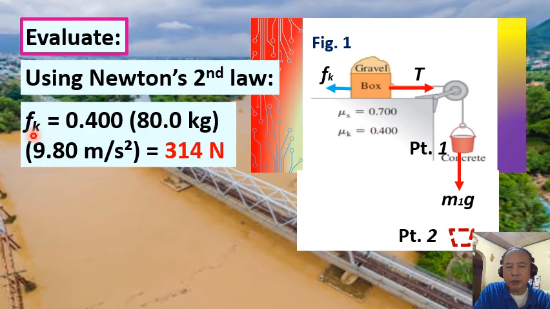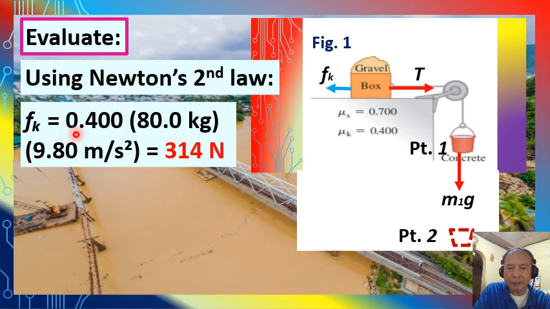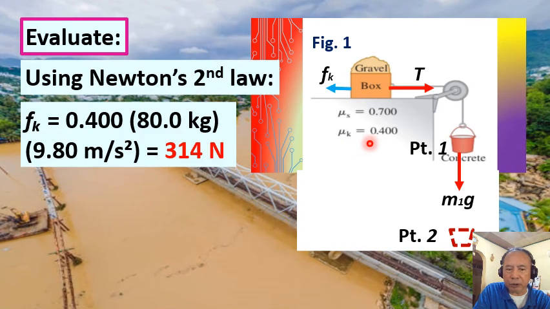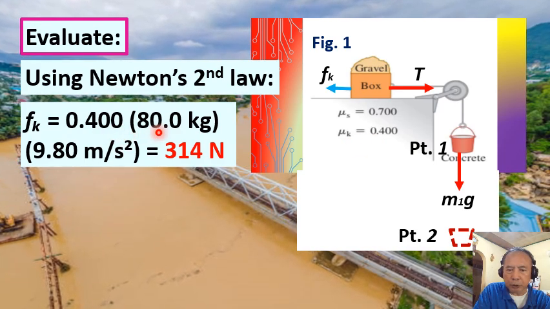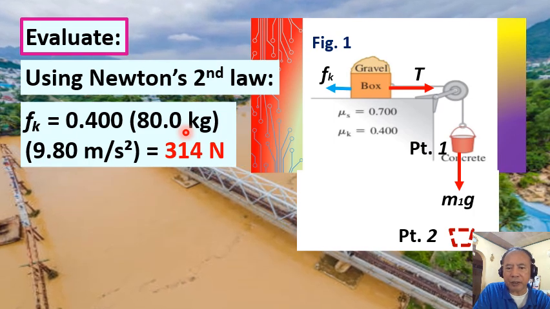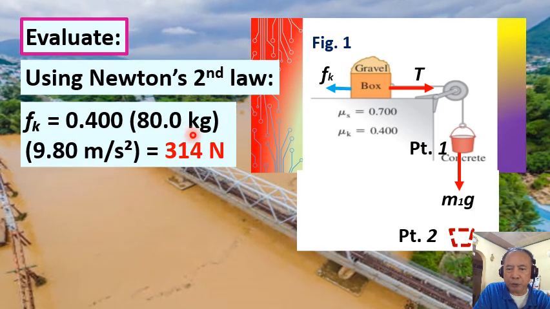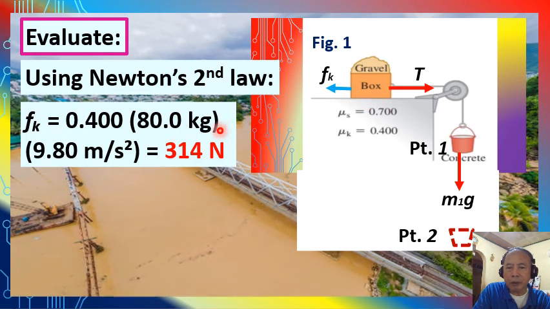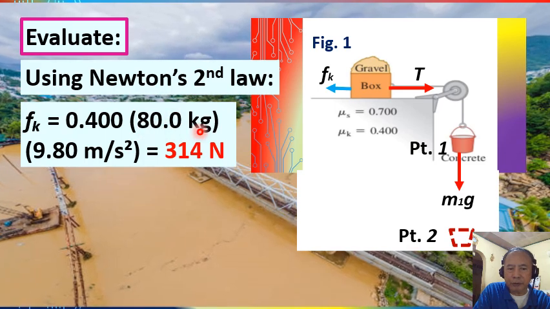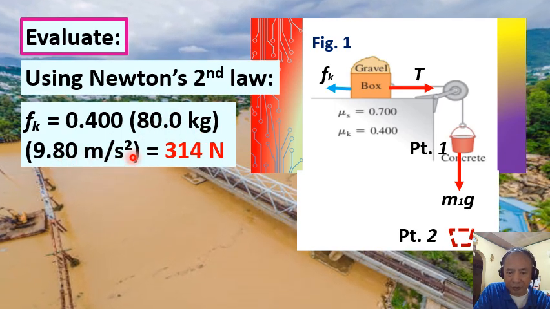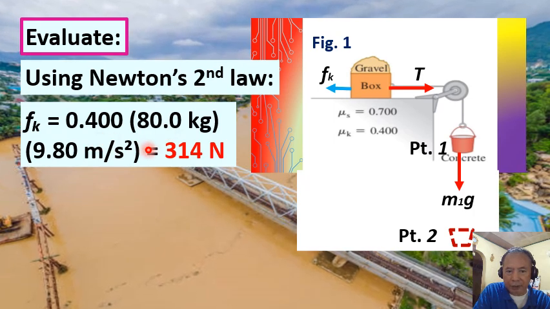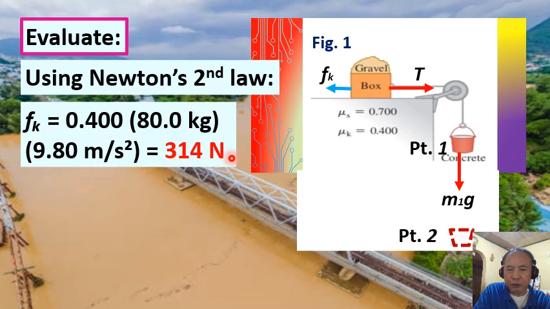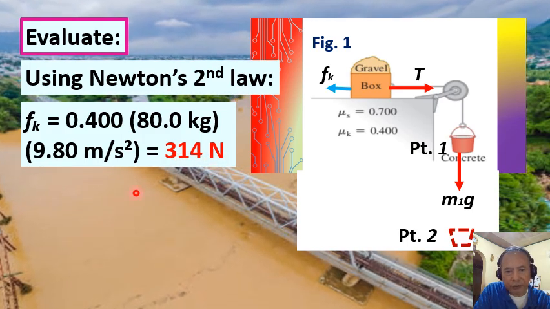So the force of kinetic friction, Fk, is just the product of the given coefficient of kinetic friction, 0.400, multiplied by the normal force exerted by the roof surface on the box, which is just equal to the weight of the box, 80.0 kilograms times 9.80 meters per second squared. And that gives us the amount of kinetic friction equal to 314 newtons in 3 significant figures.